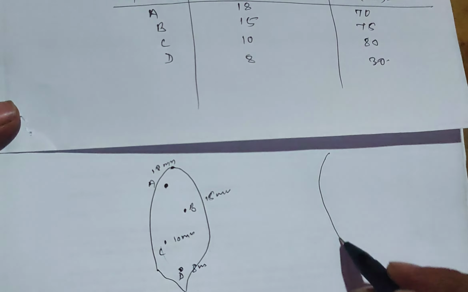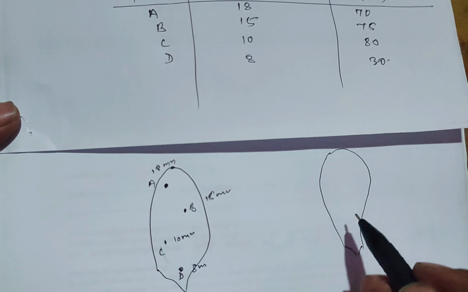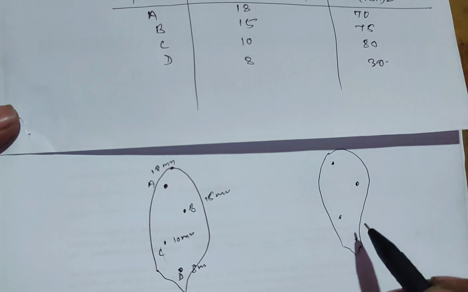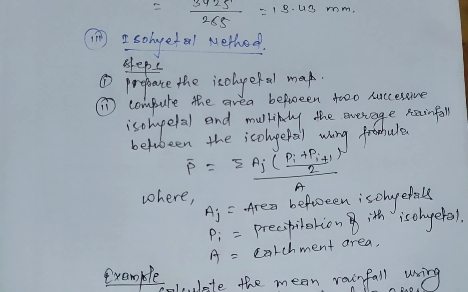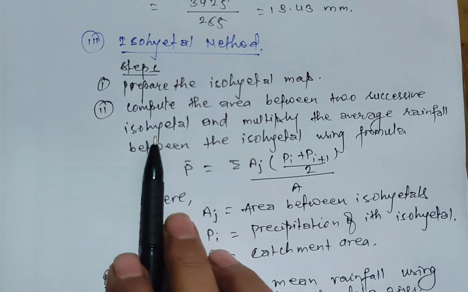And this is the same catchment, where the points are A, B, C, D.